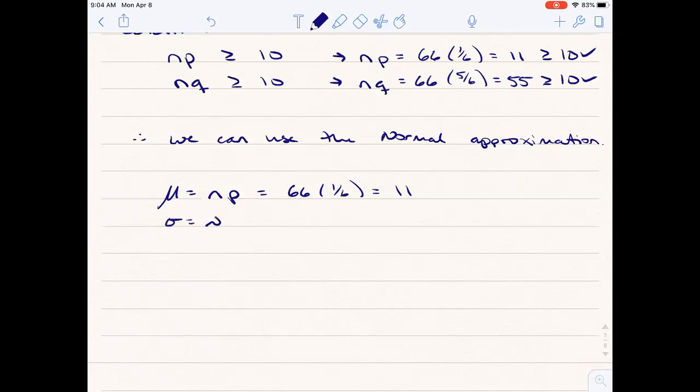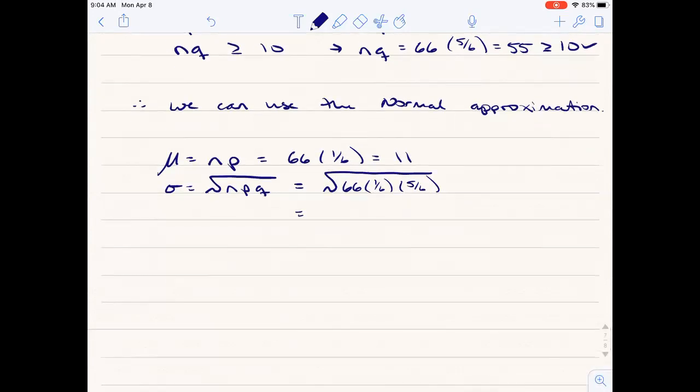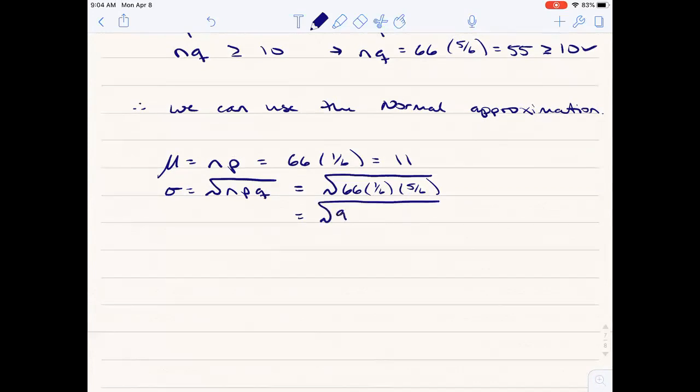And sigma is the square root of npq, which is the square root of 66 times 1 over 6 times 5 over 6, which is the square root of 9.166 repeating.